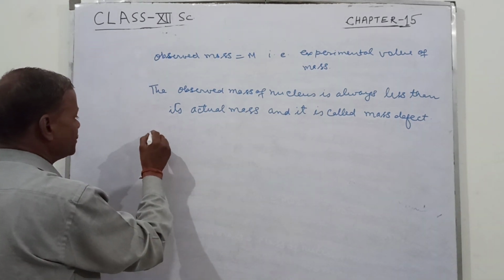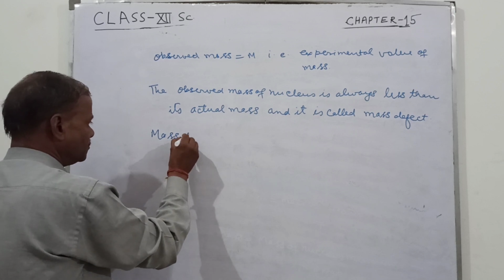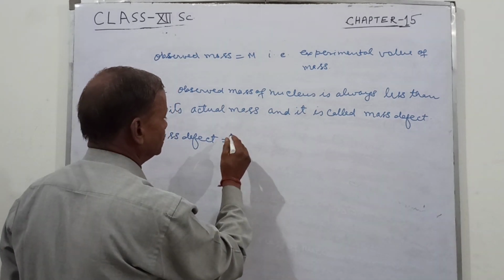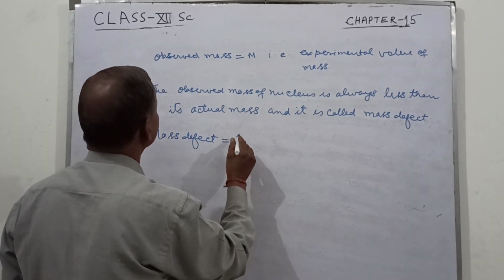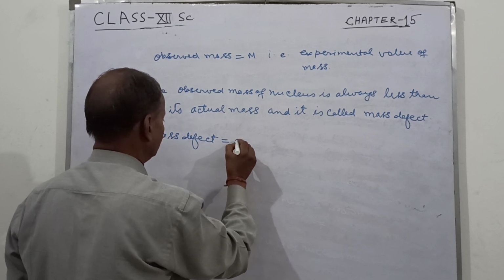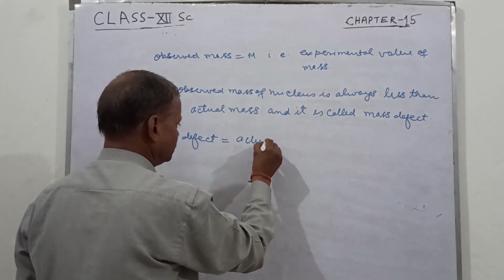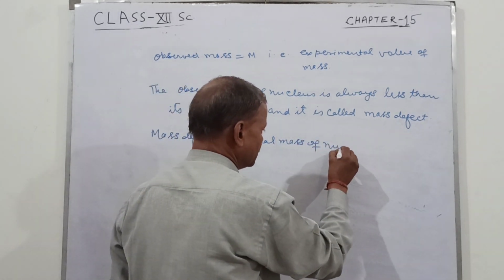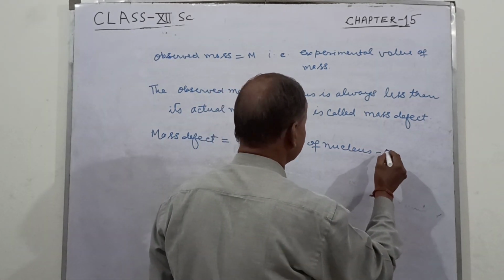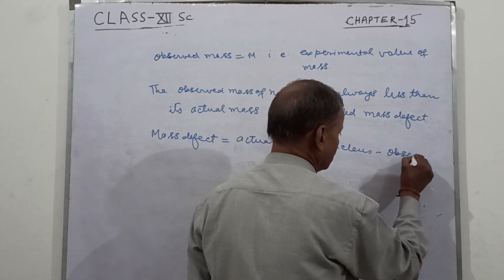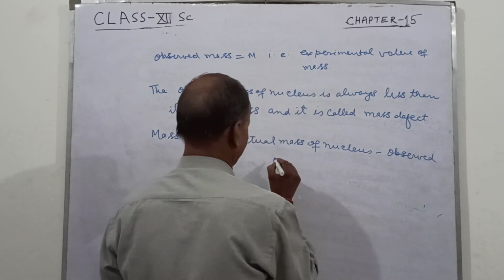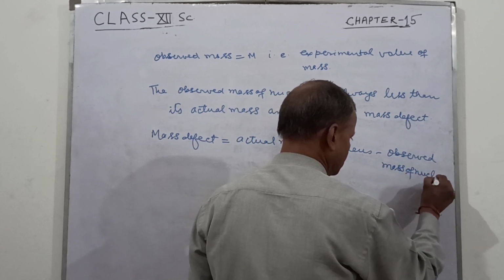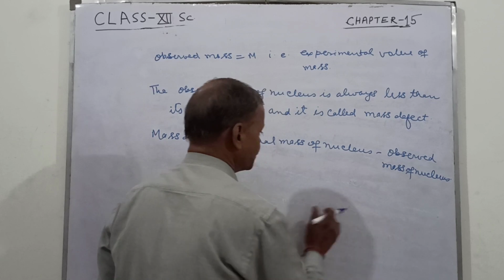So mass defect is equal to the actual mass of nucleus minus observed mass of nucleus.